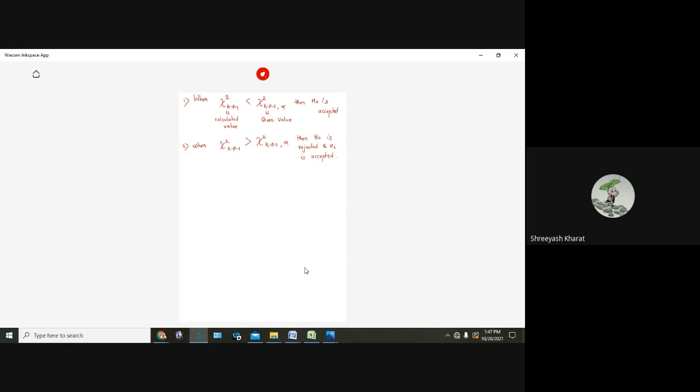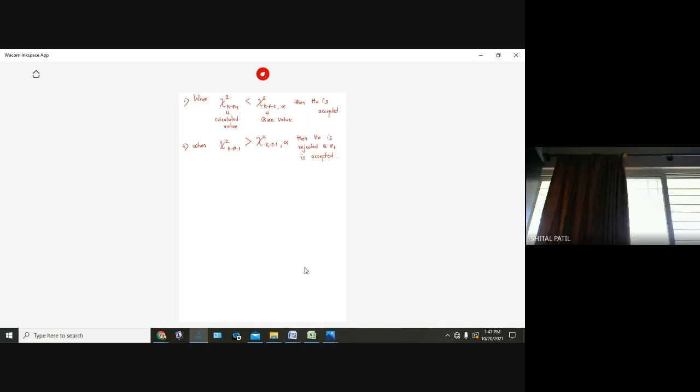Yes, sir. Okay, chalo. We'll go through an example to understand this. A nationalized bank uses 4 ATM machines.